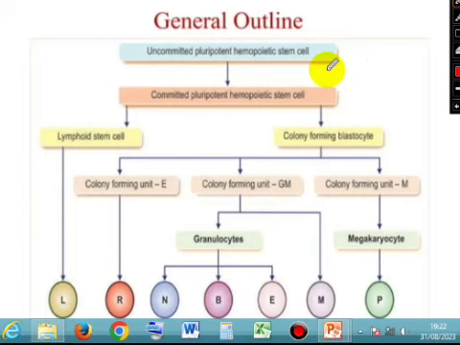So in the fetus, the site of production of blood cells is the liver and the spleen. However, this site of production moves to the bone marrow, especially during adulthood. Okay?